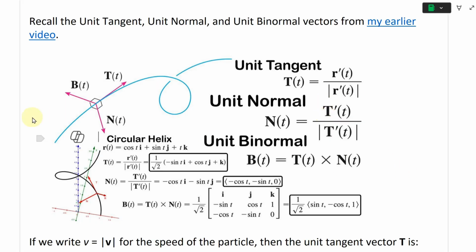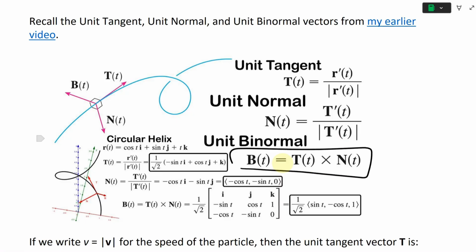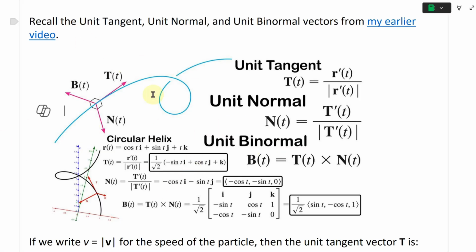It's pretty interesting, and they're all at right angles to each other. So again, watch my earlier video on that. And then the unit binormal is the cross product of the unit tangent and unit normal vectors, which gives a perpendicular vector. You can see that video to learn more.